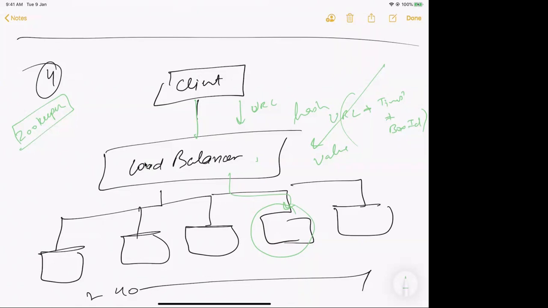Two users come with the same URL at the same time, and the timestamp is going to be the same, the URL is going to be the same. To make sure these two have one more parameter of randomness, I just added a box ID. You could have added a box ID, or better, you could have added a random noise here, and that would also have been sufficient. Does that make sense to everybody in the class?